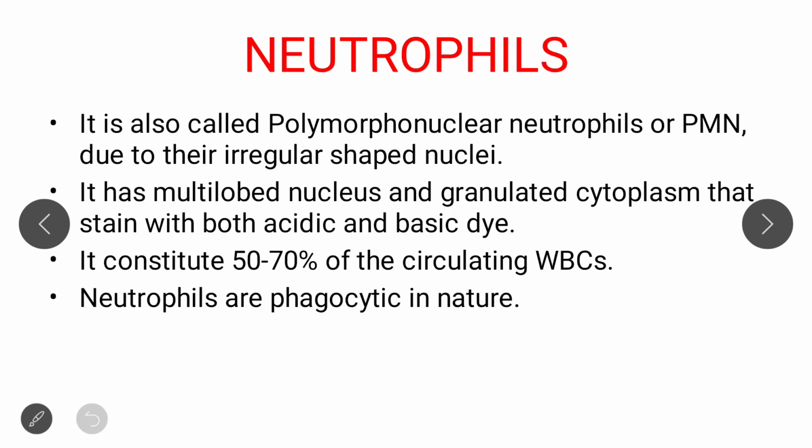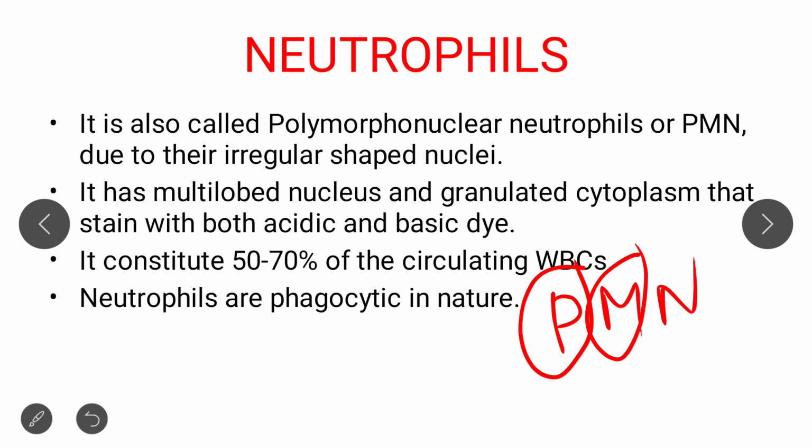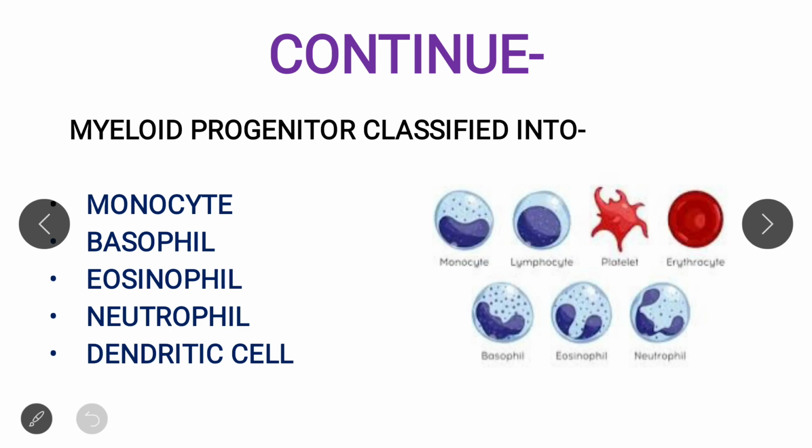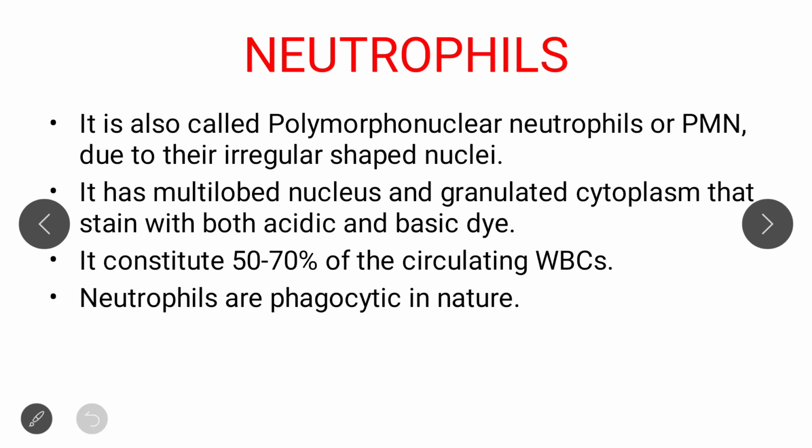Neutrophil is also known as PMN. What is this PMN? PMN is polymorphonuclear leukocyte. Why polymorphonuclear leukocyte? Because of irregular shaped nuclei. As I already showed you in the figure of the neutrophil, the nucleus has irregular lobes, so it is known as polymorphonuclear neutrophil.